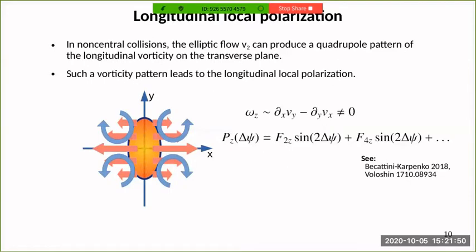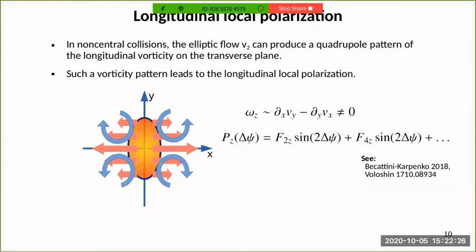In non-central collisions, the elliptic flow v2 can produce a quadrupole pattern of the longitudinal vorticity on the transverse plane, which is illustrated by this picture. And if there is v2, then partial x vy and partial y vx cannot be equal. So there is a non-zero omega z. And in such a vorticity field, particles are polarized locally, and particles will have longitudinal polarization.